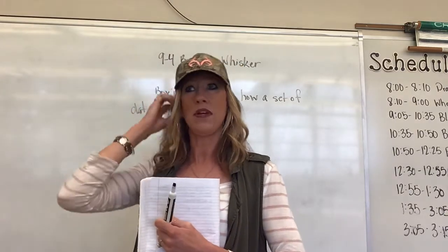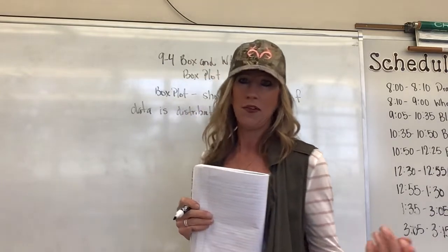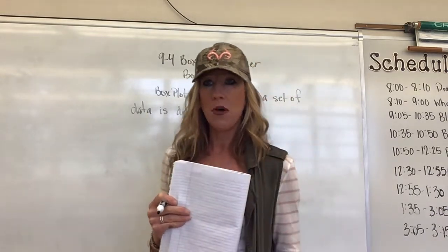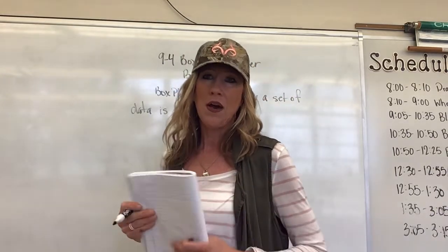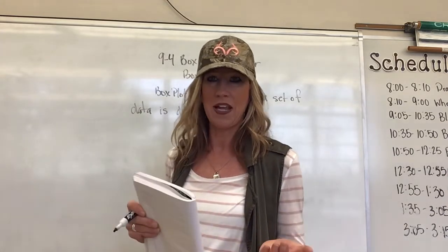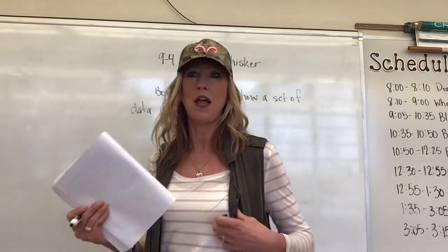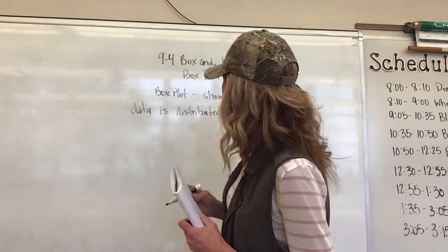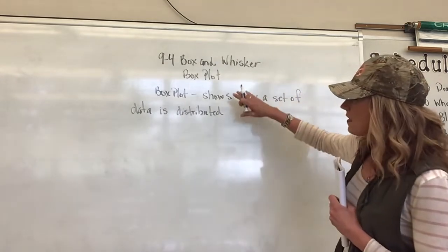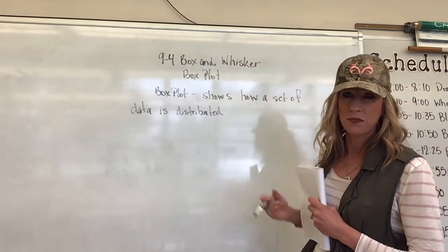What does this data mean, and what is it telling us? We're finding different things we can do with data. Find a mean, find a median, find a mode, find outliers. We have been looking at how we could graph this data, put it into a frequency table, put it into a dot plot. Now we're going to do another type of thing, and that is we could take data and put it into what's called a box and whisker or a box plot.